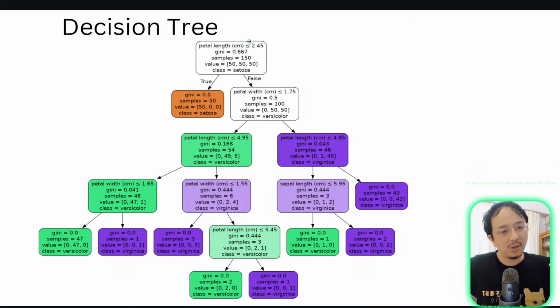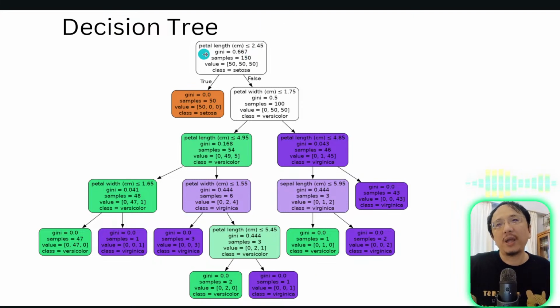Let's just see how it works to do the prediction. First, we check one of the features, that is petal length. If it is less or equal to 2.45, then we decide it is the class setosa. If not, let's check the second condition. What is the petal width? If it is less or equal to 1.75, then we go this way, and if it is not, we go this way.